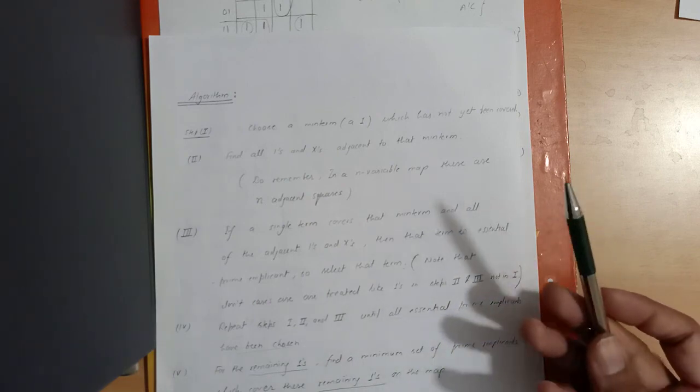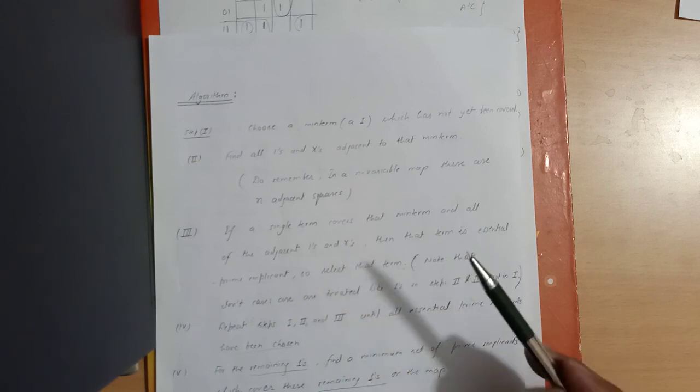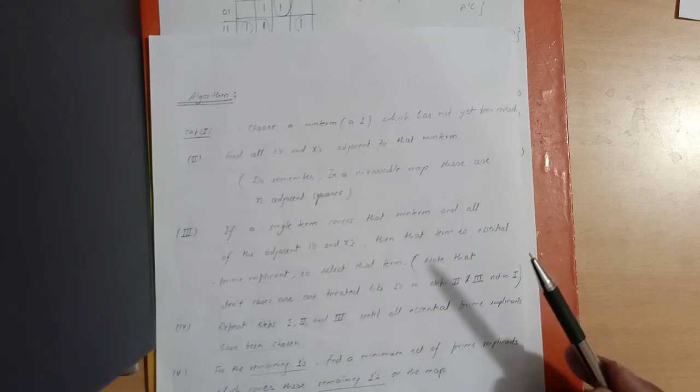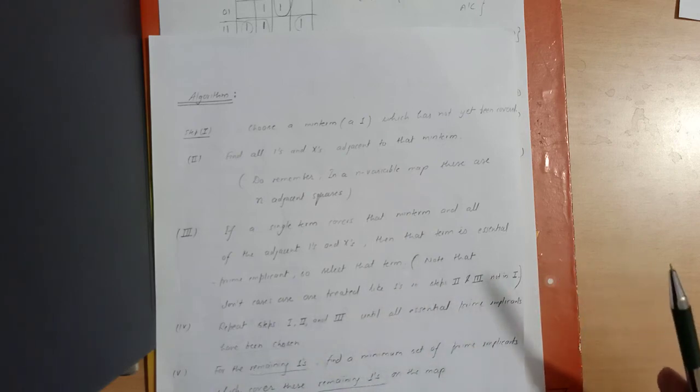We have also learned that an essential prime implicant must always be part of the minimum expression. Also, the minimum expression cannot contain a term that is not a prime implicant. We also saw this.